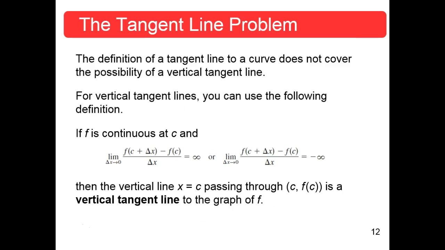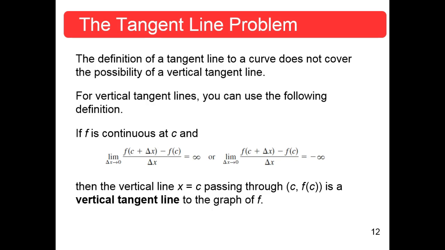All right, that definition of a tangent line to a curve does not cover the possibility of a vertical tangent line. In that case, all bets are off. For vertical tangent lines, you can use the following definition. If f is continuous at c, and the limit as delta x approaches 0 of f of c plus delta x minus f of c, over delta x, is an infinity, in other words, as you get the x's closer to each other, if you're approaching a vertical line here, you don't have a slope.